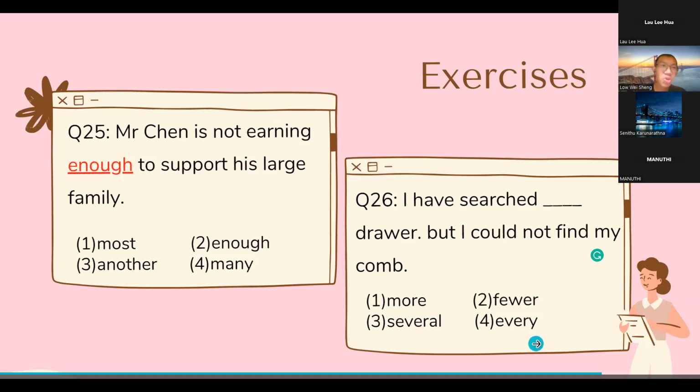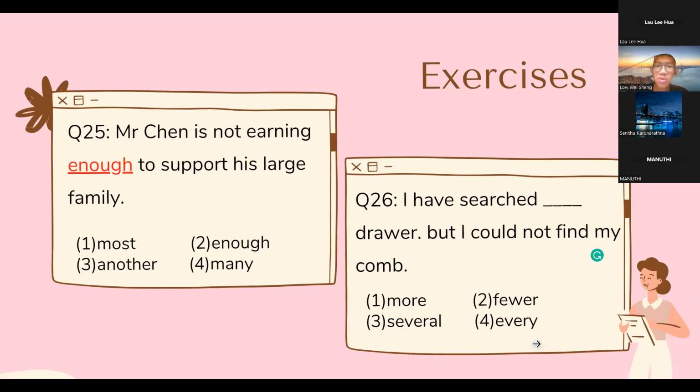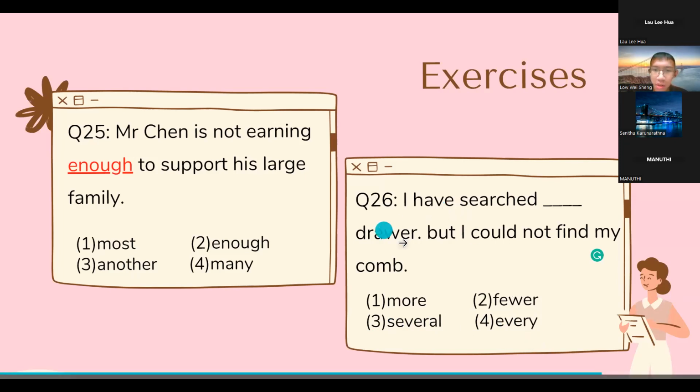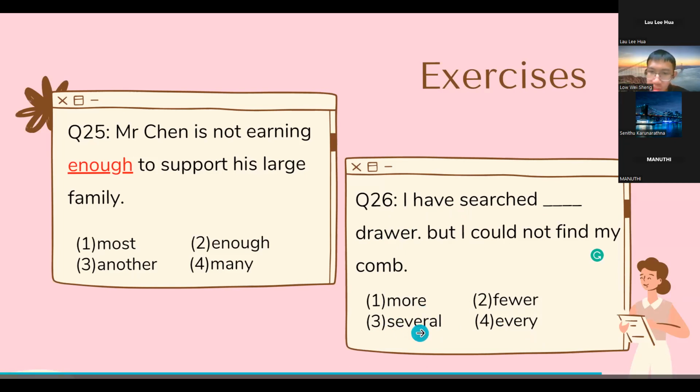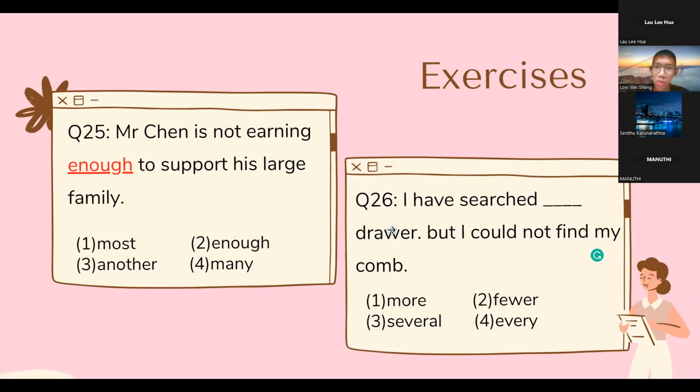Once again, pay attention to how you use your predeterminers. Sometimes you need the noun to be singular, sometimes plural. If you use some or a lot of, you need the noun to be plural. For several, you need the noun to be plural as well. But drawer, is it singular or plural?